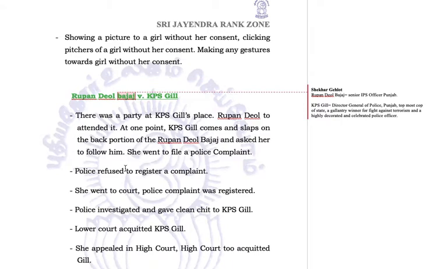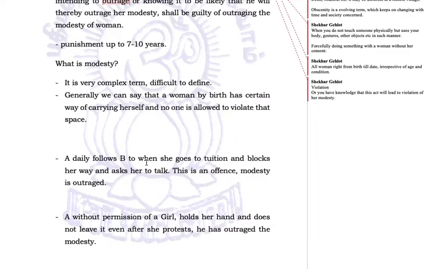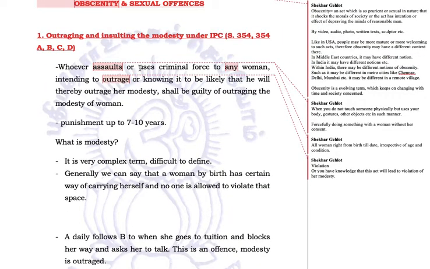After this particular landmark case, this law has been there for more than 100 years, but because Indian society was such that women were so bashful, or they did not have the support, 20 years back, 30 years back, society did not support women coming out or going to the police station.